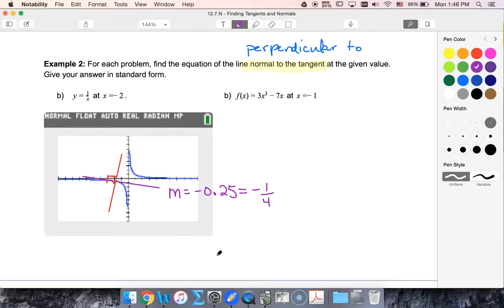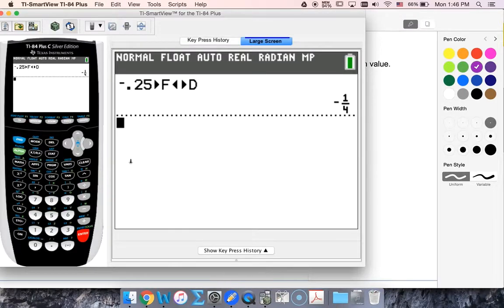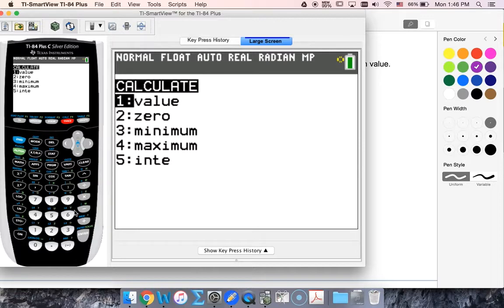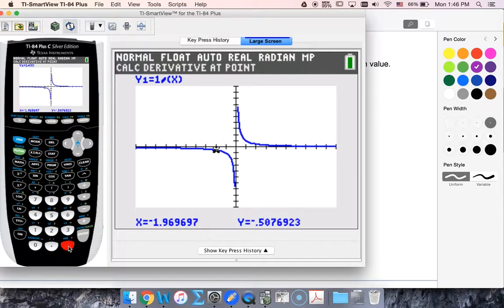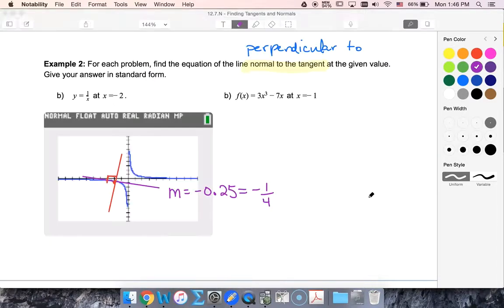And then the coordinates of this point were my -2, -0.5. So when I was looking at my dy dx, when x was -2, we got -2, -0.5 as the coordinates of that point. So that point there, -2, -0.5.